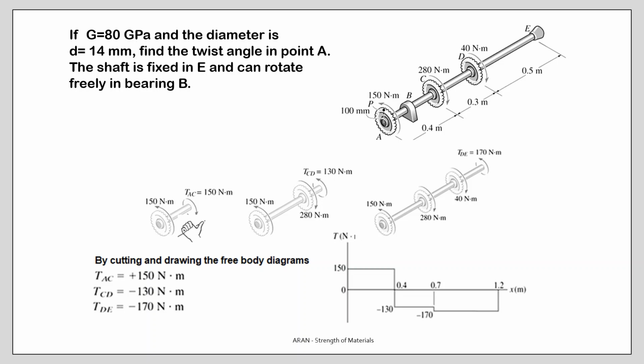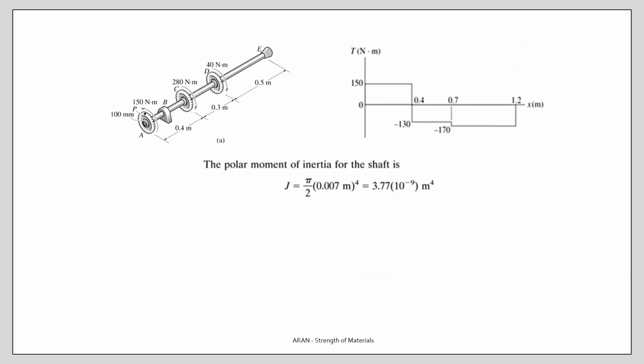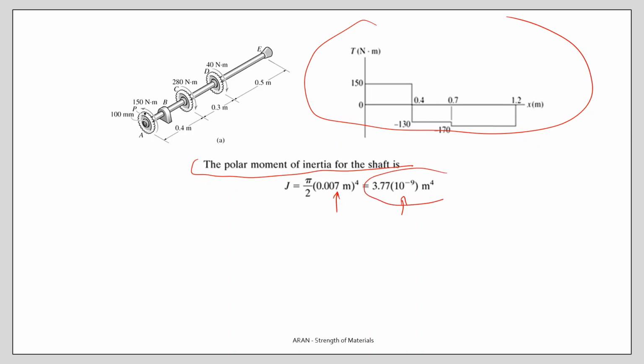The first thing we do is cut in these regions, and draw my diagram, and first calculate the polar moment of inertia. The radius is the same everywhere, and this is the value of the polar moment of inertia. So next thing is to calculate the theta values for the three regions.